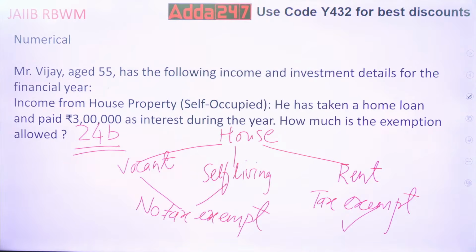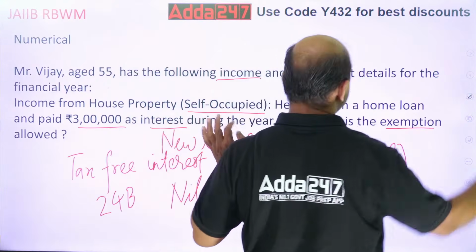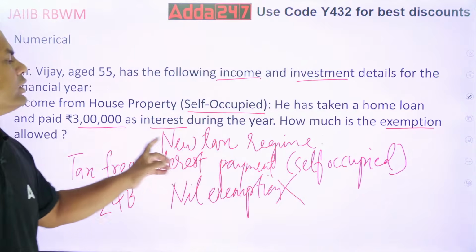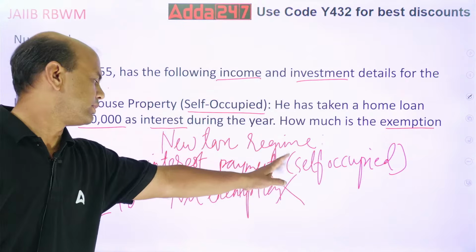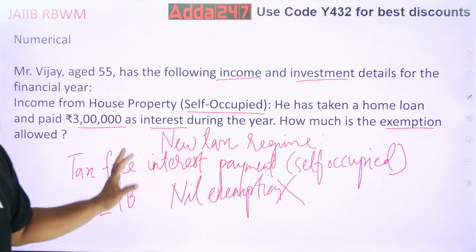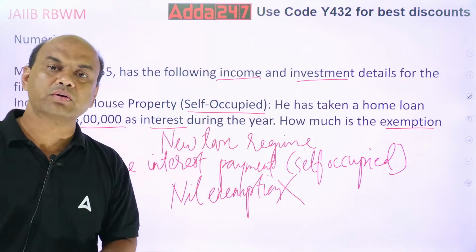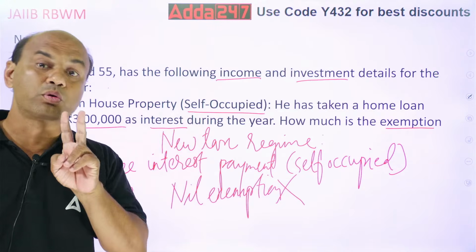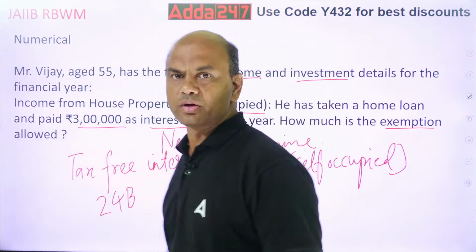Zero. Very good. Zero tax exemption. So there will be no tax exemption to this person. New tax regime, interest payment, self-occupied, 24B, nil exemption. Only if it is rented, the tax exemption is allowed up to 2 lakhs. Okay? Got it? Everyone clear?